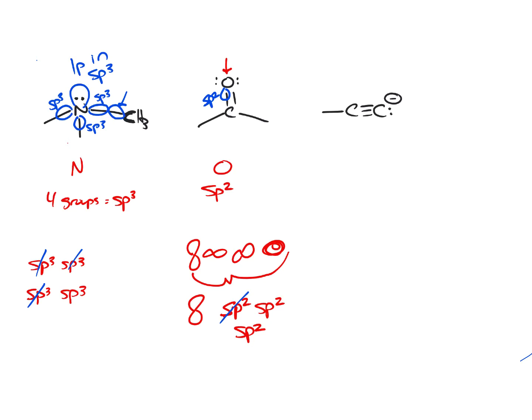Okay, but the pi bond, so the second bond between the oxygen and carbon, it's getting a little messy, but the pi bond uses the p orbital. Okay, so all we have left are 2 sp2s. So that's where the 2 lone pairs must reside.